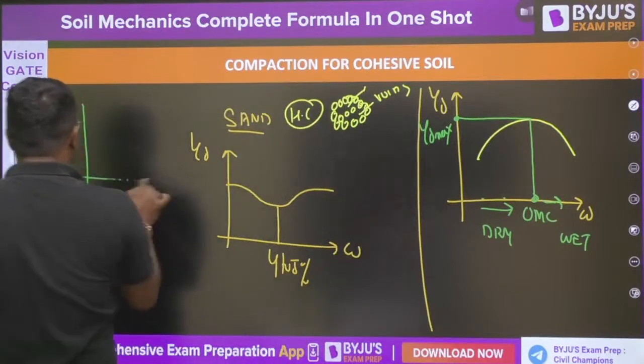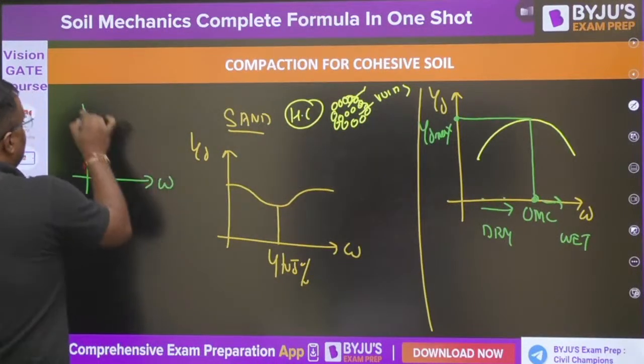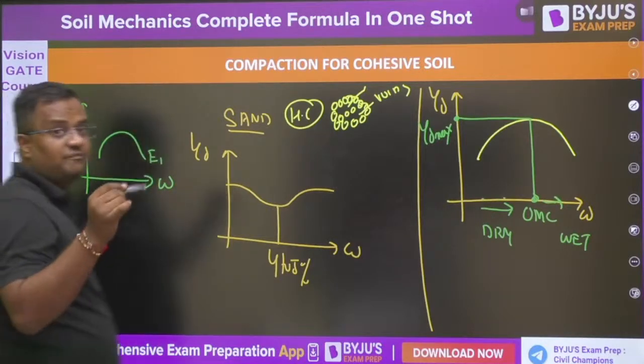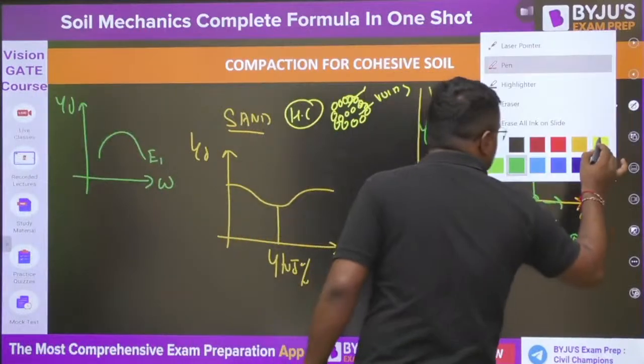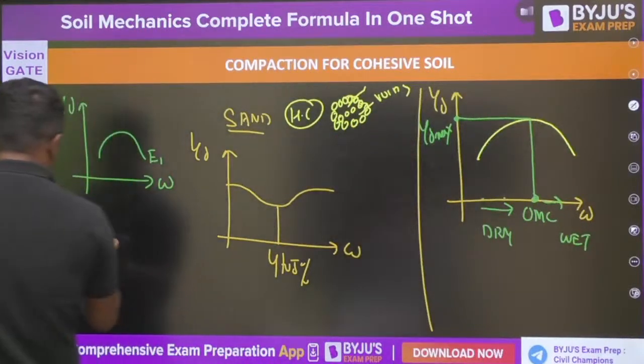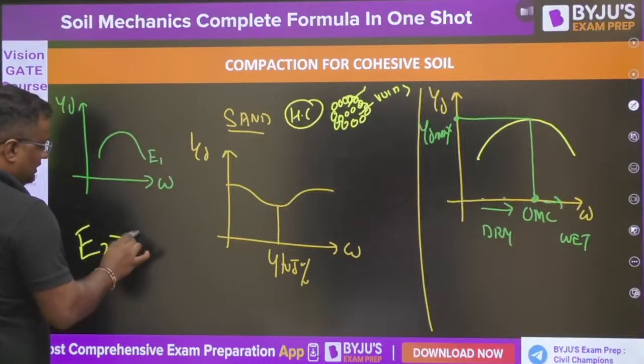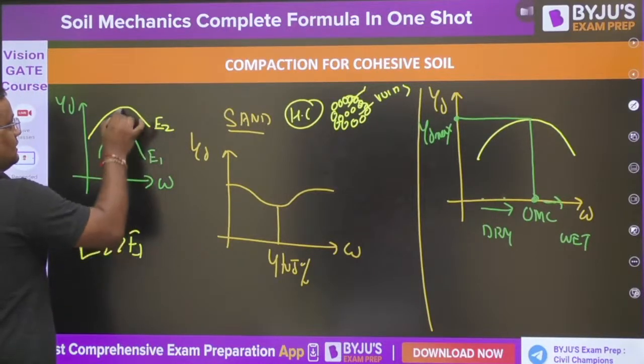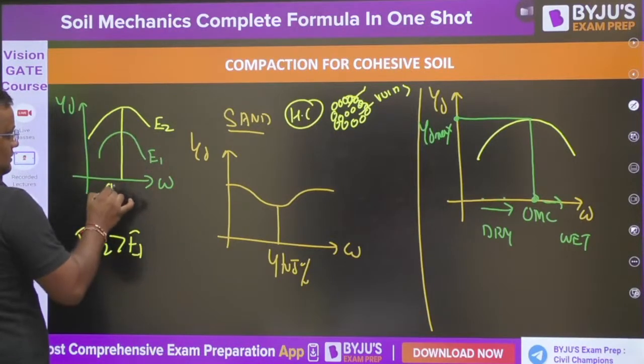Now guys, for cohesive soil, if I make a graph with a given energy, it is like this. If I provide greater energy, E2 greater than E1, then the OMC will be lesser.